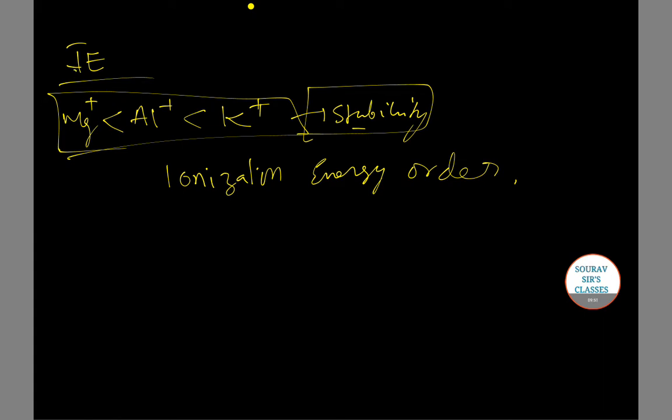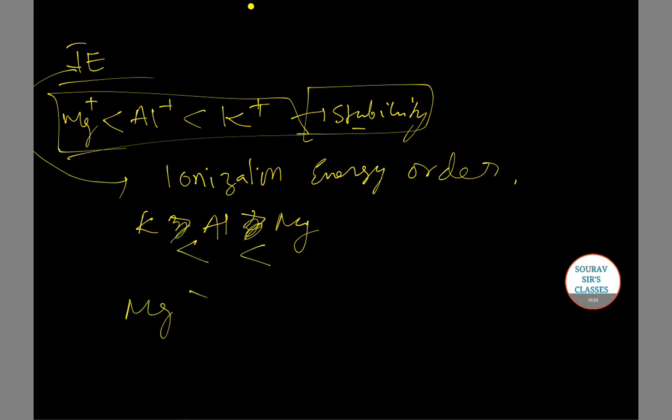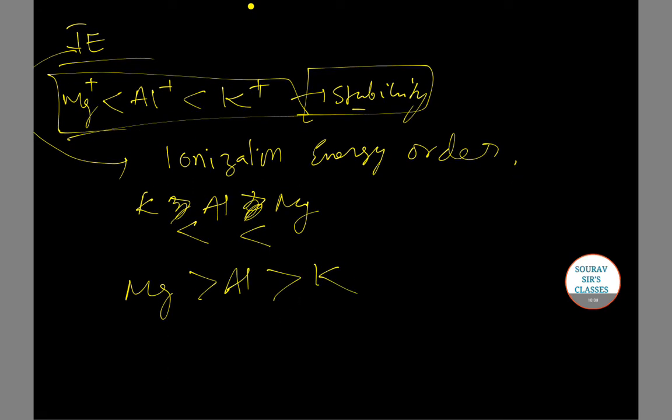So ionization energy order will be the reverse of this. So Al, Mg, reversed will be this. So basically we have magnesium greater than aluminium greater than potassium for ionization energy order.